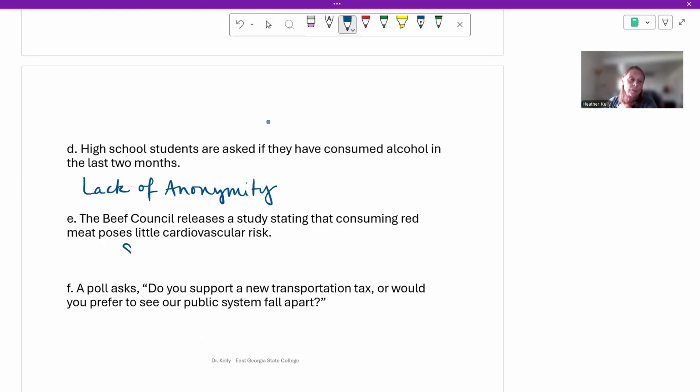That's self-interest. And finally, a poll. Do you support the new transportation tax, or would you prefer to see our public system just simply fall apart? That's a loaded question. See that guilt? Trying to throw that guilt in there.